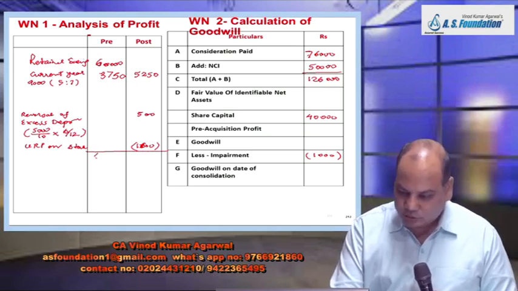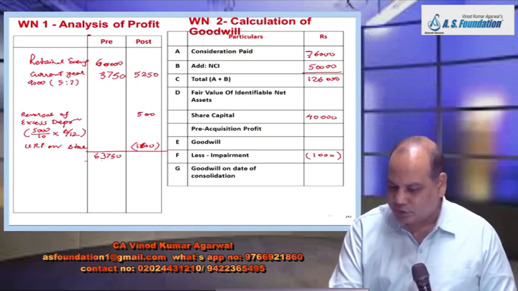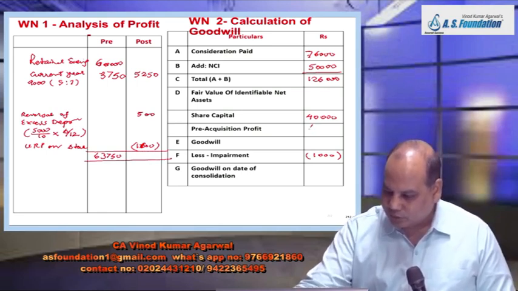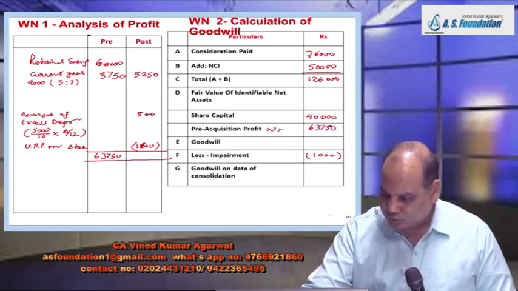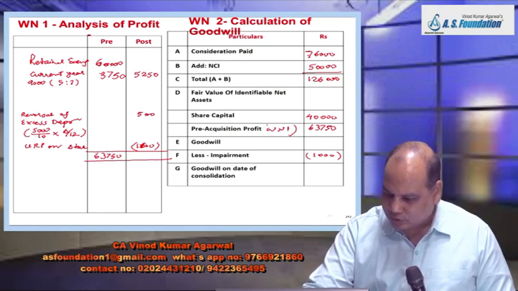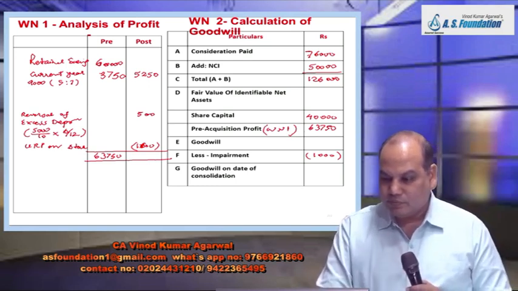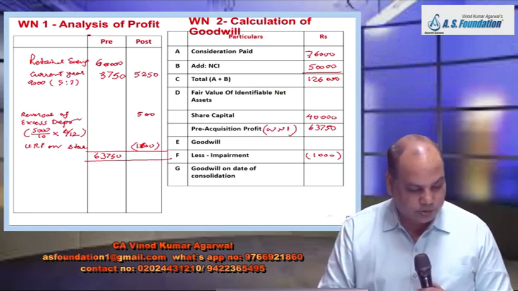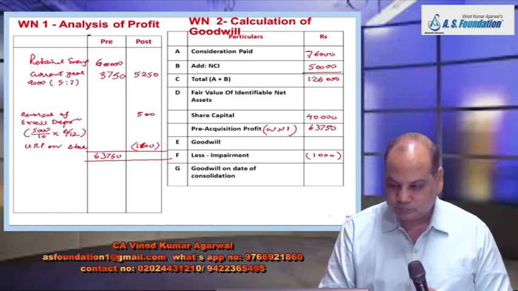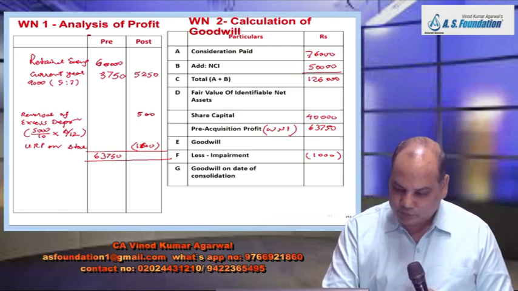How much is the total of pre-acquisition? 63,750. That you transfer to working note number 2 and write here working note number 1 reference. Post column total is how much? 4,150.